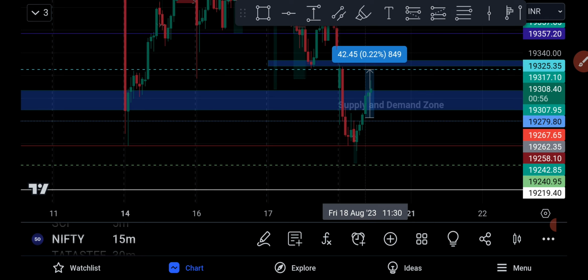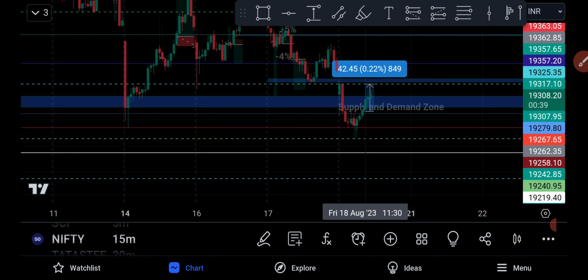The market shouldn't go up all the way to 20,000, and it shouldn't go all the way down to 19,000. That's their key plan to make millions of rupees.